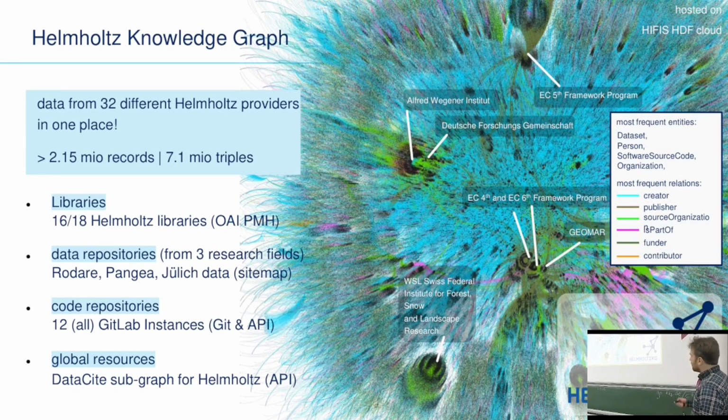So currently in the graph, we have a connection of 32 different infrastructures. This includes the libraries, only a few data repositories for now, and all the GitLab instances that Helmholtz hosts, and we also connect to some global sources where we can extract the Helmholtz part out of it, for example from the data side.